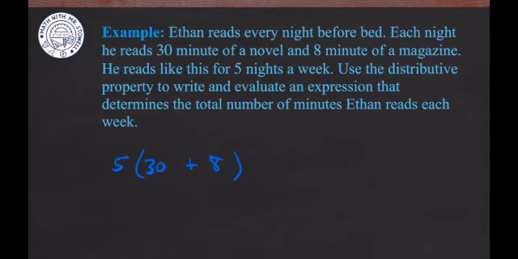So 5 times 30 plus 8. We could go 30 plus 8 and then times that by 5. That works perfectly. But if we want to use the distributive property on this, 5 times 30, 5 times 8, so this would be 5 times 30 plus 5 times 8. 5 times 8 is 40, and 5 times 30, 5 times 3 is 15, just put a 0 behind.